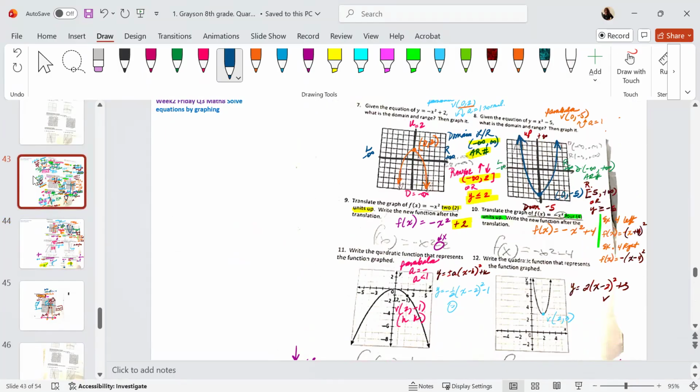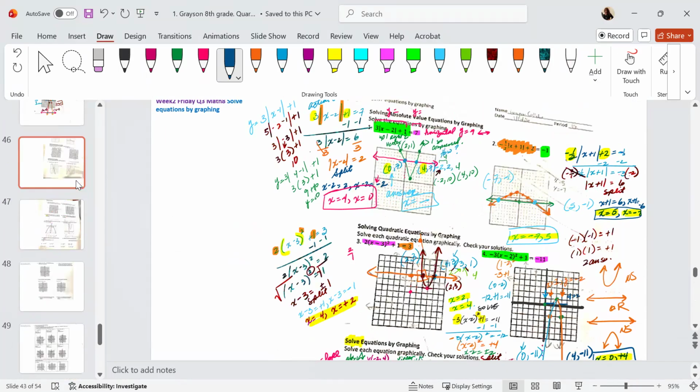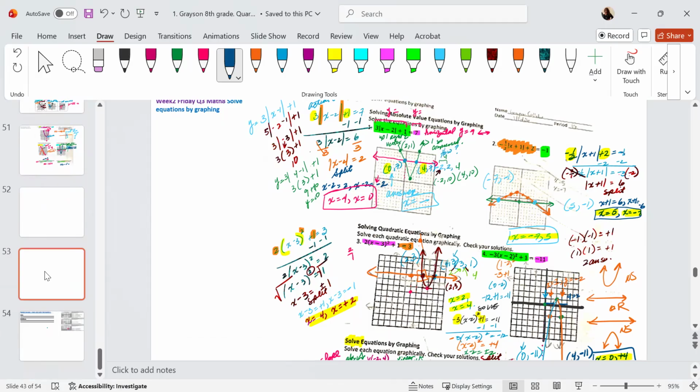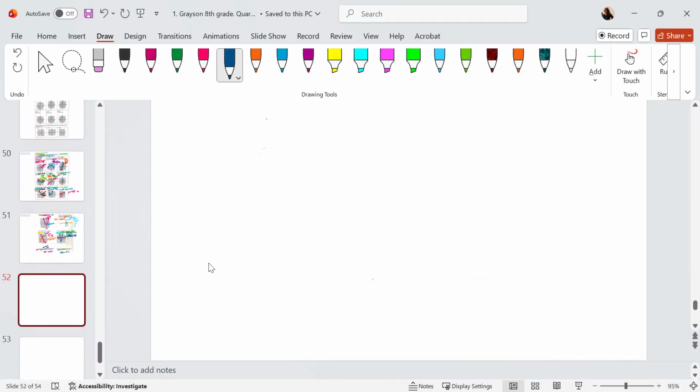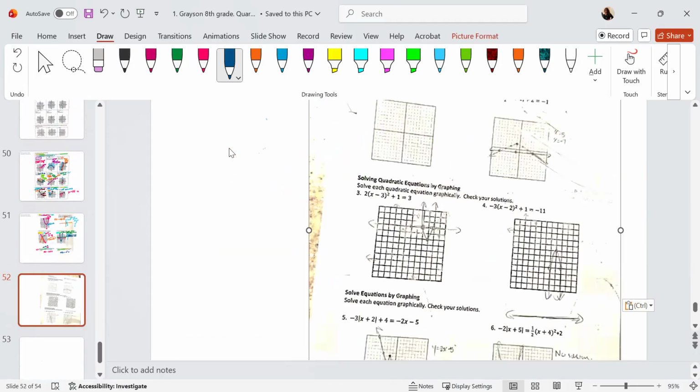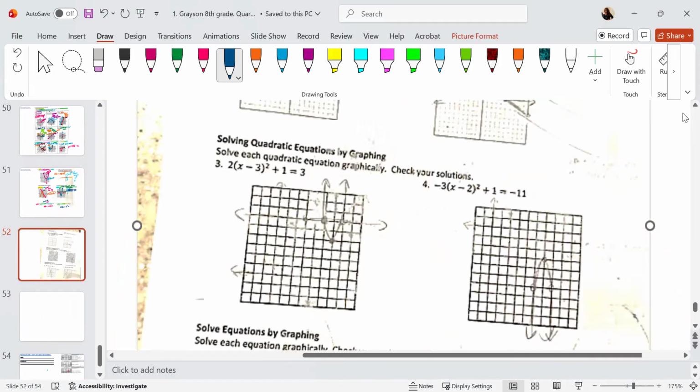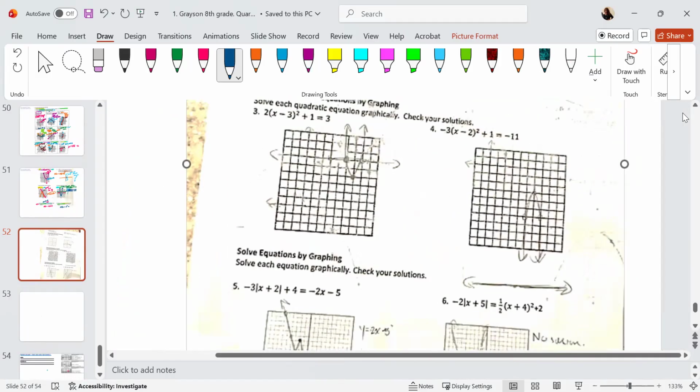Solve the one right here. Okay, so let's do that one. Do you have this one in your notebook? Yeah. Or go get it in your notebook, because how are you going to graph it? Because I want you to do practice. Does that make sense, though?